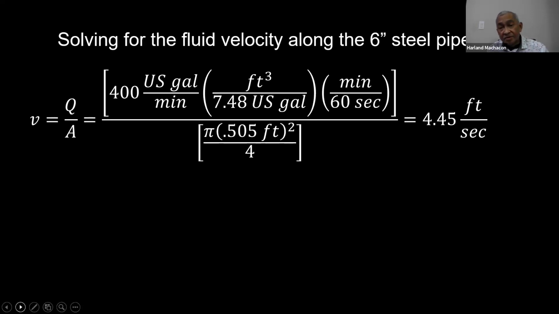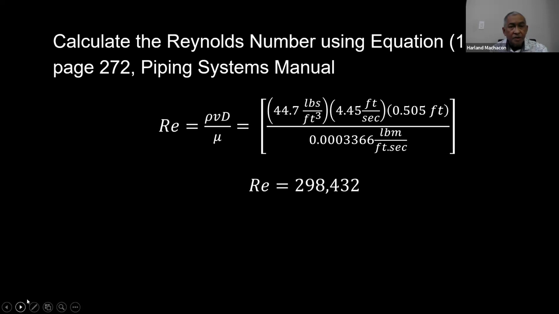Then we solve for the velocity along the 6-inch pipe at a discharge of 400 US gallons per minute. We convert it into cubic feet per second and divide by the area of the inside of a 6-inch pipe, pi times 0.505 squared all over 4, and the result will be 4.45 feet per second. Then we calculate the Reynolds number from the piping systems manual.